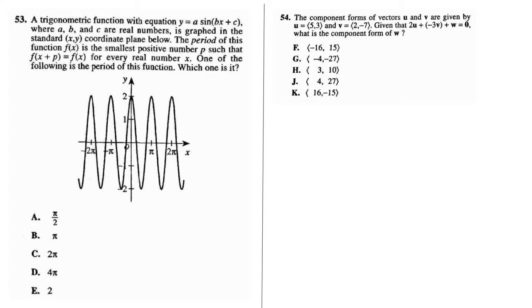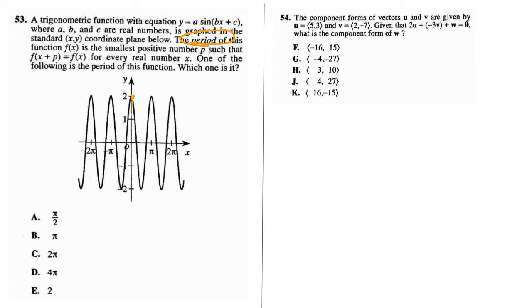Okay, number 53. I'm just skimming through the problem, and it says the period of the function, and it goes through a really long, detailed mess here. If you want to know what the period of a function is, it's going to be the horizontal distance needed before we start repeating ourselves. And since we're talking about distance, let's start here.